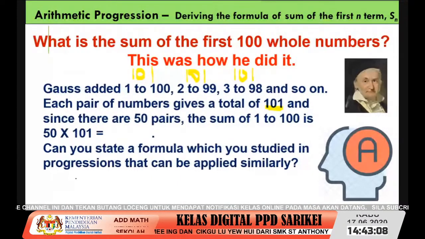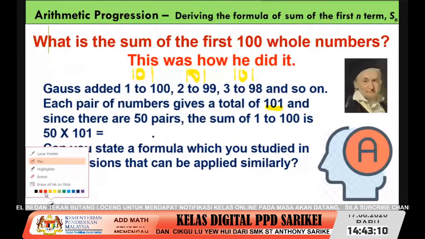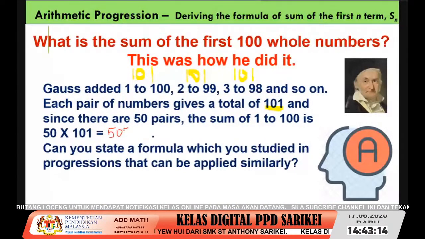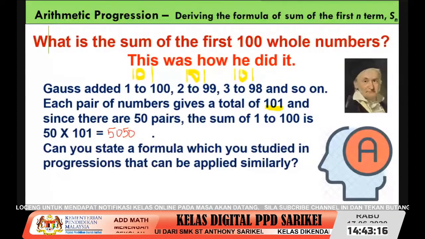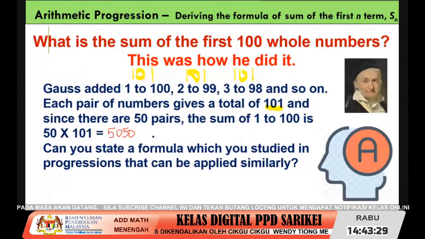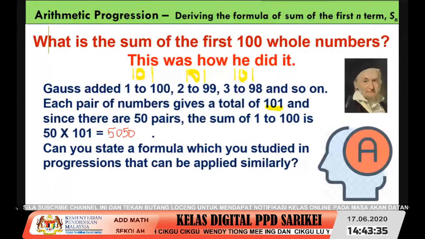So, 50 times 101. So, the answer is 50 times 101. This one is very, very fast and it will save our time. So can you state a formula which you'll study in the progression that can be applied similarly? So just now I give you 2 formula. The first one is Sn equal to n over 2 times 2a plus n minus 1d.